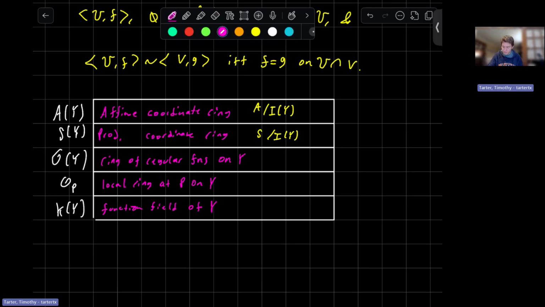I'm going to call this Figure 1. We will add to this later. We'll talk about the spectrum of a ring, but that's in a while. I think that's not until we get to sheaves.